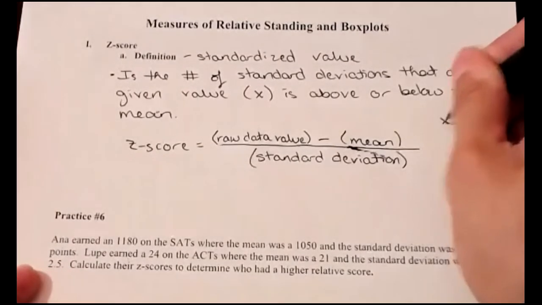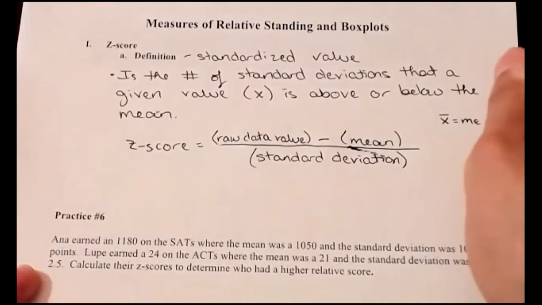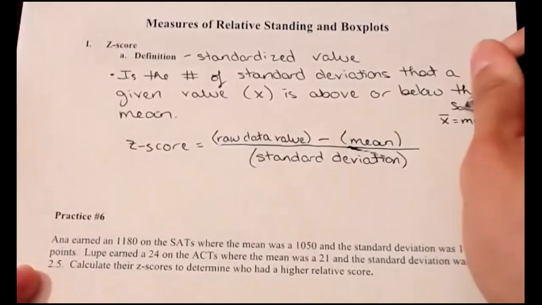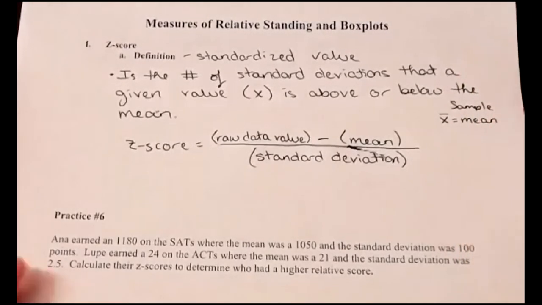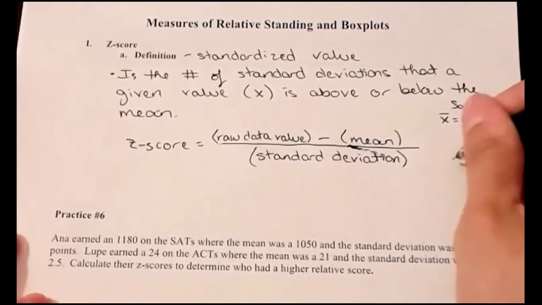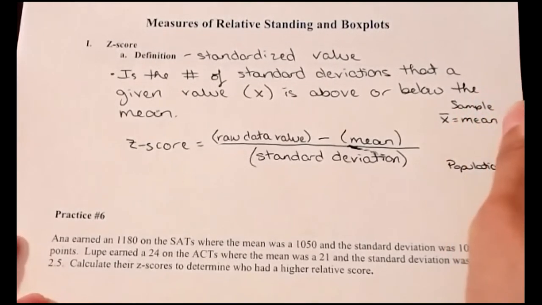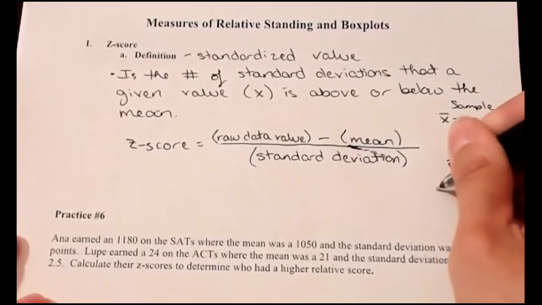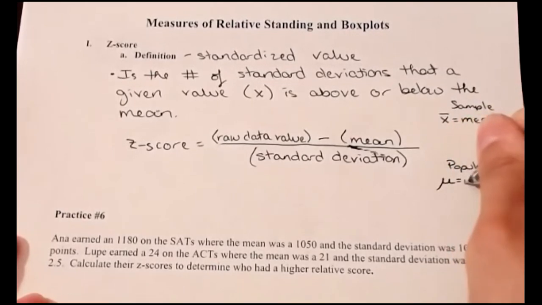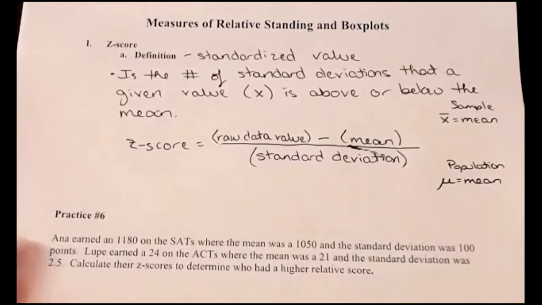I'm just going to write this again: X bar is the mean, for a sample. But the other one that everyone was commenting on, that mu, that Greek symbol, is for a population. So for a population, mu represents the mean.